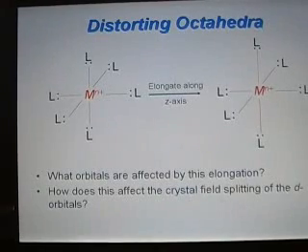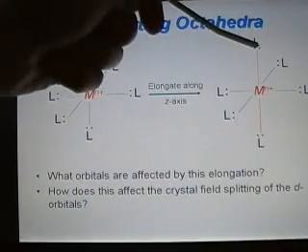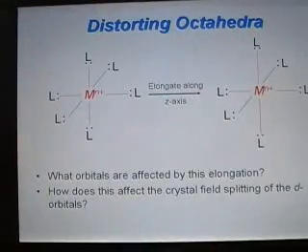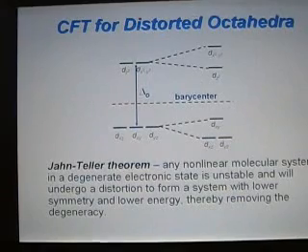How does this affect the crystal field splitting of the d orbitals? Well, you might expect that the dz squared and dx squared minus y squared are now going to go from being equal in energy to different in energy. And since there's less interaction between the ligand along the z-axis and the metal cation, you might expect that the energy for the dz squared orbital should go down. And that's what it does.